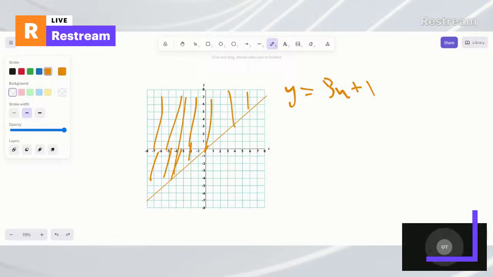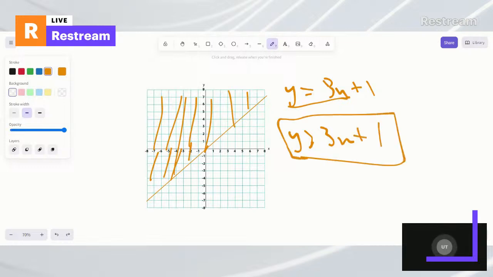Okay, I'm going to ask myself if this region is greater than this equation or not. This is greater than this, so we're going to write y is greater than 3x plus 1. So that's how simple the graphs of linear inequalities are. Don't worry about it, it's very simple. If you still do not understand this, feel free to ask me and I'll explain.